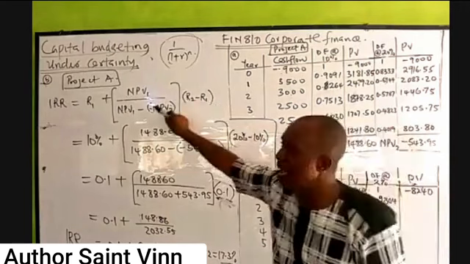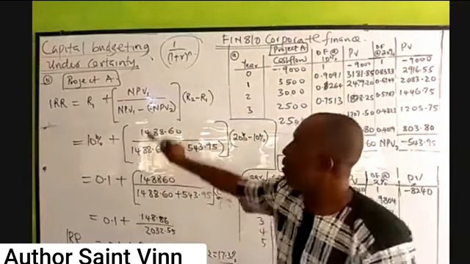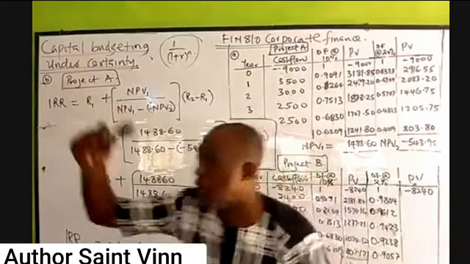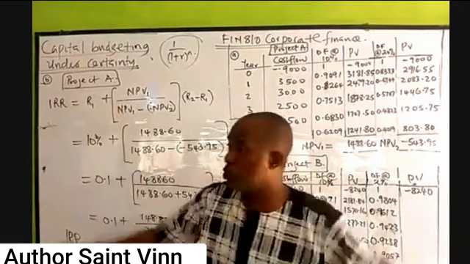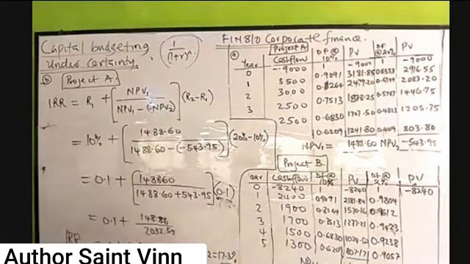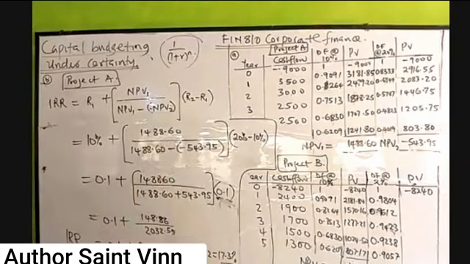This formula is IRR for project B. Now I want to do IRR for project B to know which one to choose. We have done NPV for project A and B, and we chose A because A has the higher NPV.